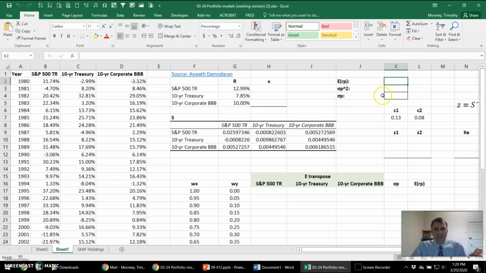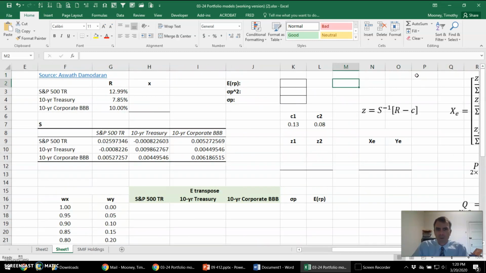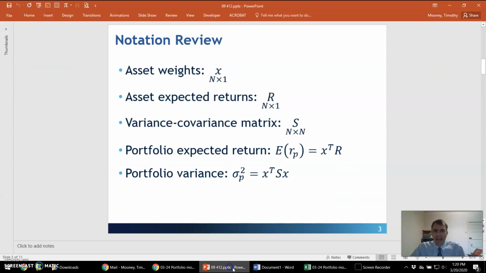From here, let's compute the portfolio's expected return, variance and standard deviation using matrix operations like we did in the past, but a brief recap is in order since it's been a while. The MMULT function is how we multiply matrices. Expected return is X transpose times R. Portfolio variance is X transpose times S times X.